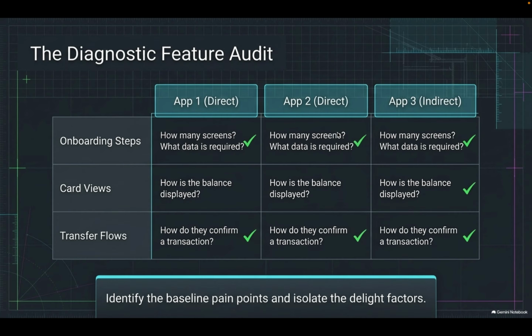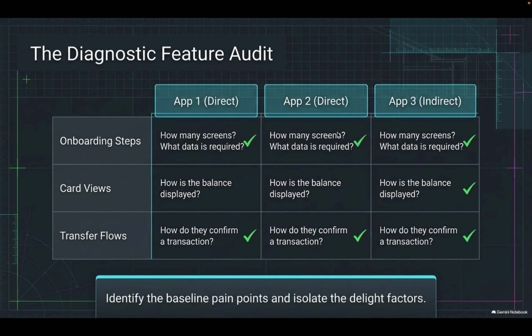Some of the things you study are their onboarding steps, their card views, their transfer flows. How do they onboard their users? Their card views, how do they look? You study some of these things, and then you pick ideas from different places.